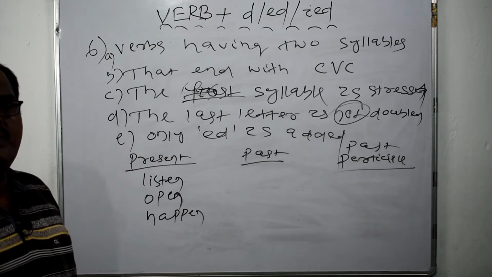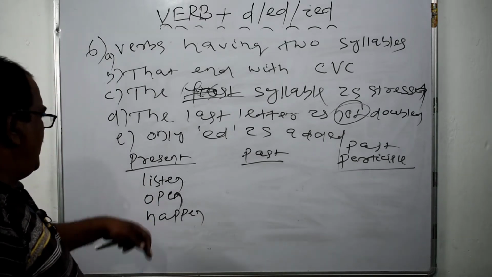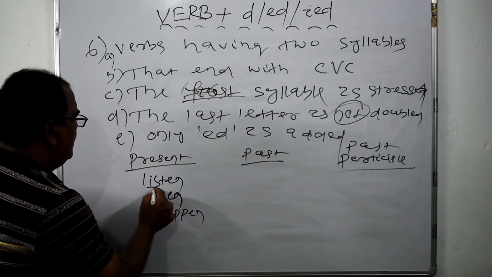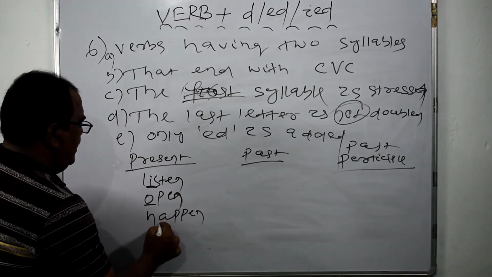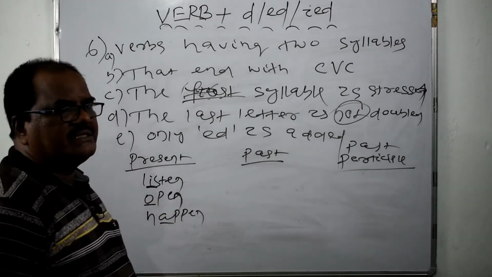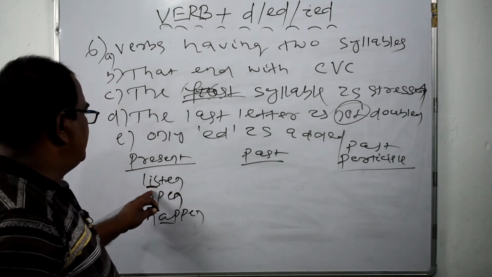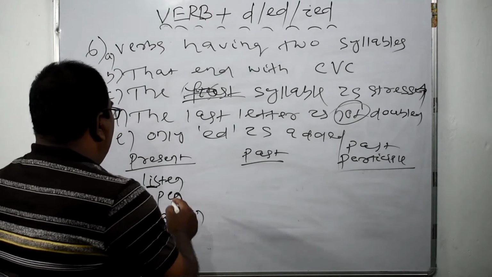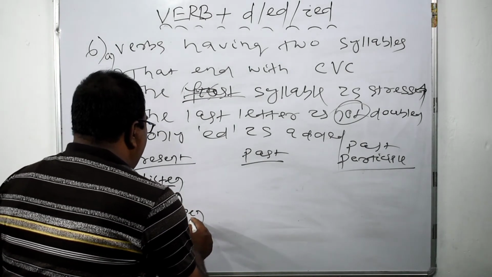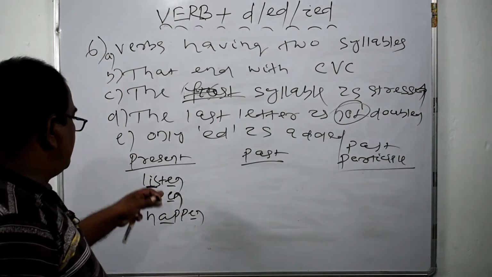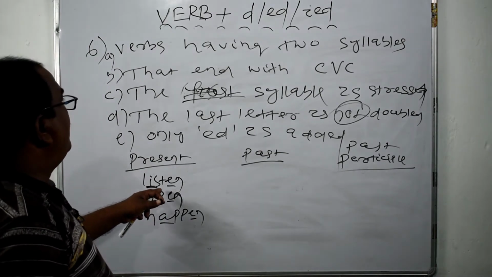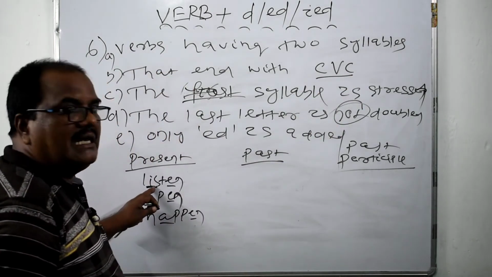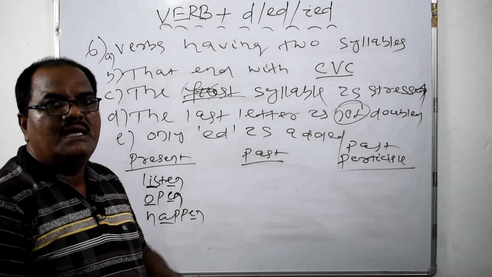Now we have to pronounce these verbs. Listen, listen. Here the first syllable is stressed, but the second syllable is not stressed. In this case, though the verb is in CVC pattern, the first syllable is stressed.